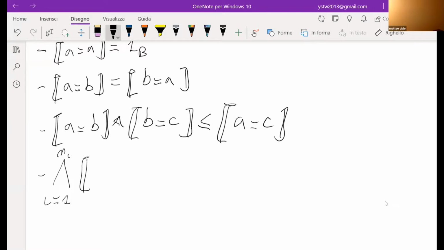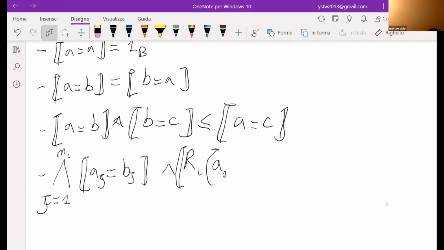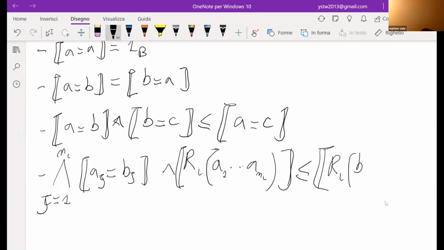So if we have this set up, sorry, this is not a good notation: the Boolean value of a_j equals b_j, for all j, is below R_i of a_1 to a_{n_i} implies R_i of b_1 to b_{n_i}.